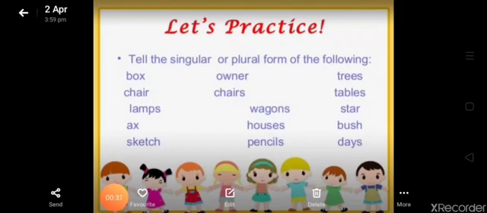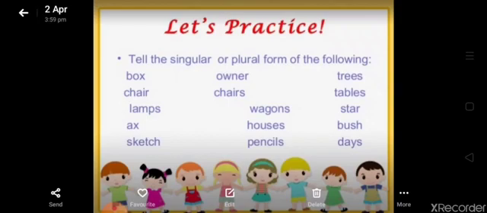So now we are going to do some oral practice. Tell the singular or plural form of the following: box, chair, lamps, axe, sketch, owner, chairs, wagons, houses, pencils, trees, tables, star, bush and days. So now what are we going to write? Box, boxes, chair, chairs, lamps, so we have to write the singular word lamp.